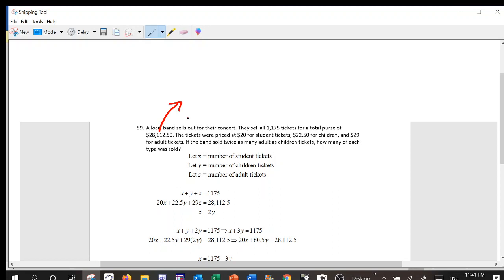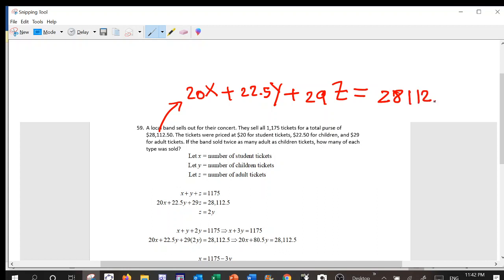That money comes from selling X number of student tickets, each of them $20, plus Y number of children tickets, which is $22.50, and plus Z number of adult tickets, which is $29. So all of that has to add up to that number, 28,112.50.